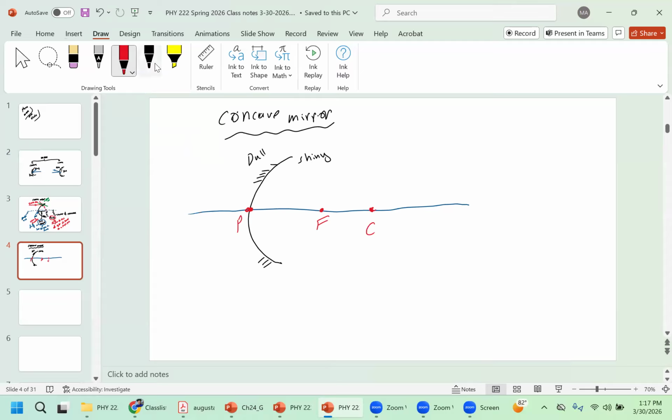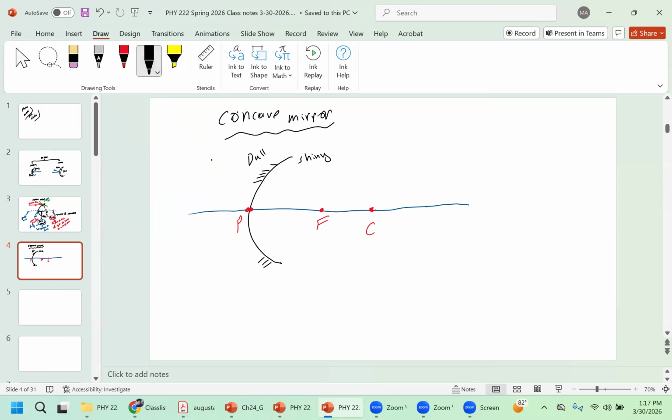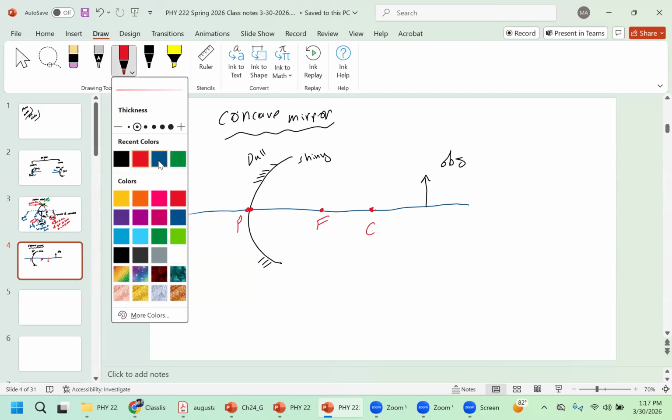All right. Now let's say you're placing an object in front of the mirror. So this object is, let's say, right over here. All right, so what's going to happen? You're going to shine a light on the object. Are you all with me so far?